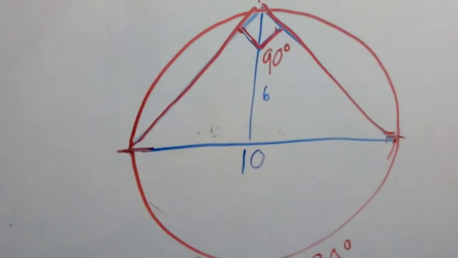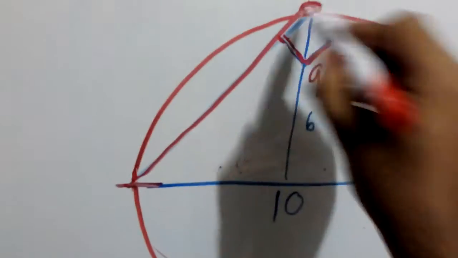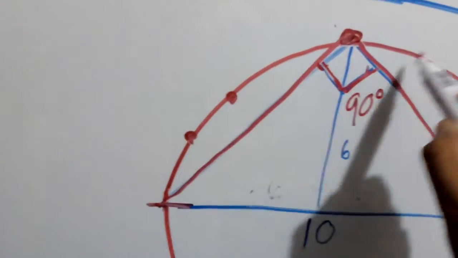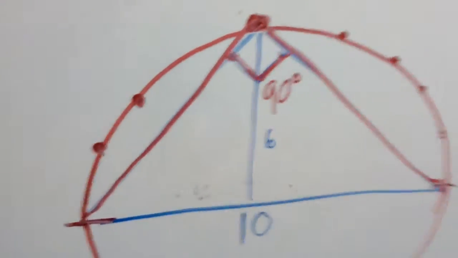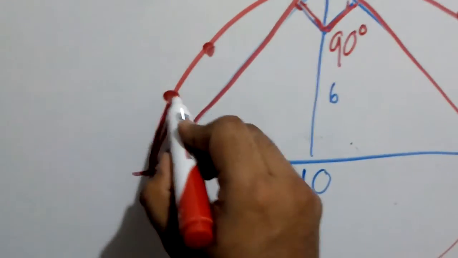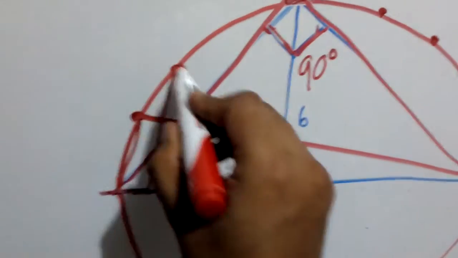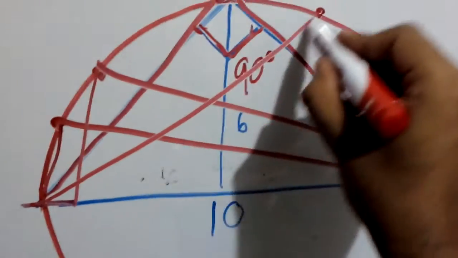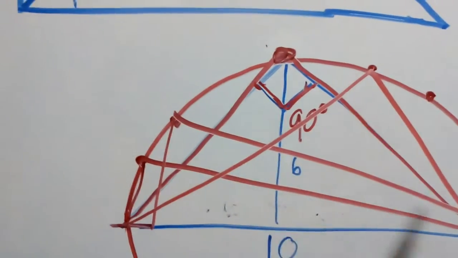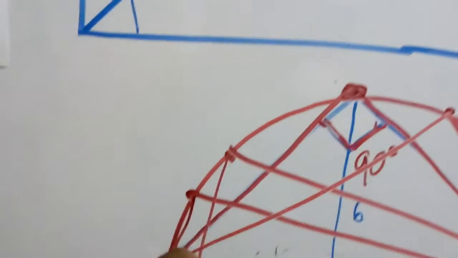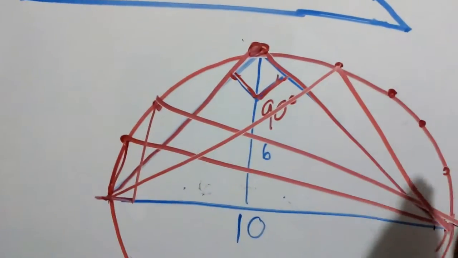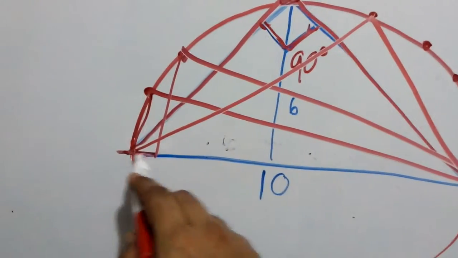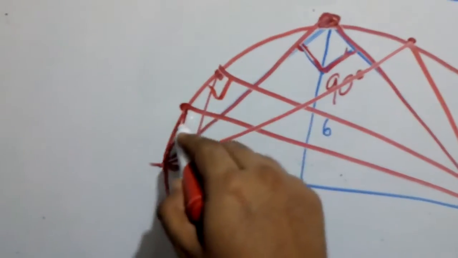This means that you can move this point to wherever on the circumference. You can put it here, here, here, and all these different triangles, imagine that you are moving the triangle, all have the hypotenuse of 10 and the right angle.